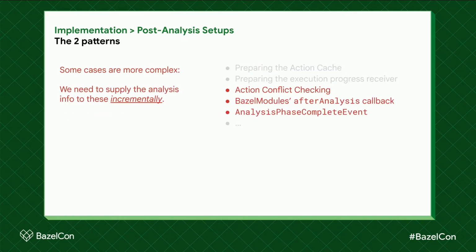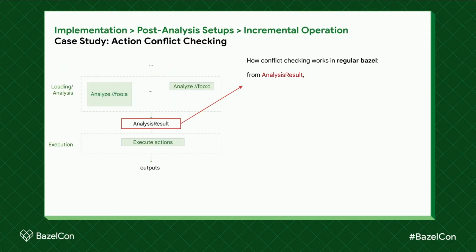The other group is a bit more complicated, right? Because they actually have to make use of the analysis result. And how we do this is we supply the info to these setup steps incrementally. And to demonstrate that, I will go into one specific example of action conflict checking. And yeah, this is a case study. How do we do action conflict checking within Bazel right now?